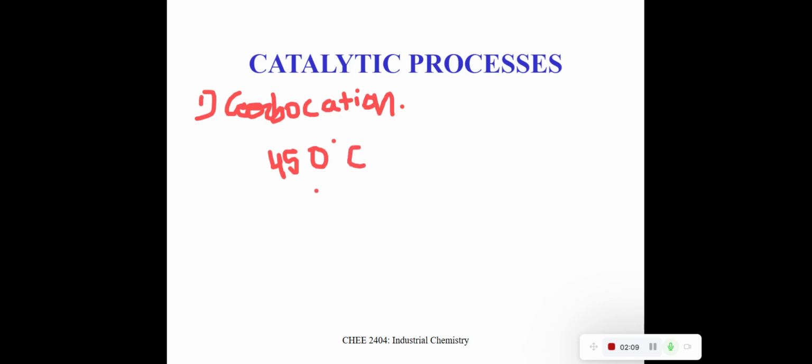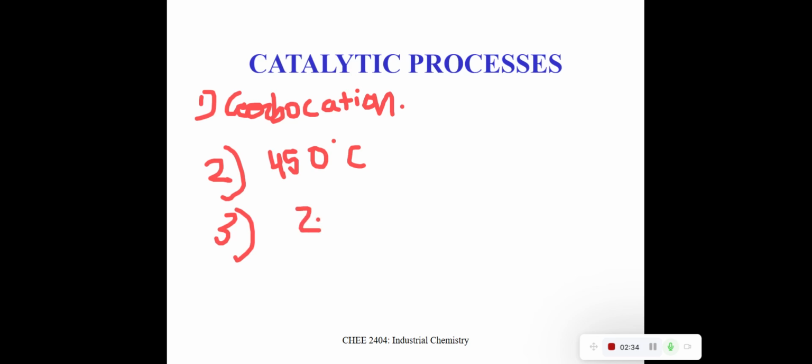Now the carbocation mechanism proceeds with the catalytic process, and this occurs through heterolytic fission. In this process we use zeolite as the catalyst so that the carbon-carbon breakage can be done in the catalytic process.